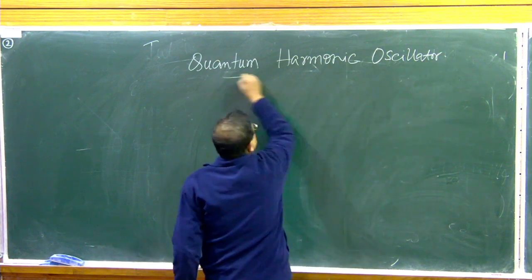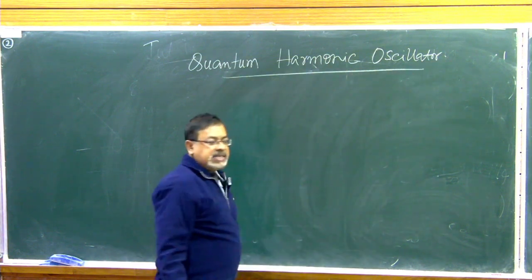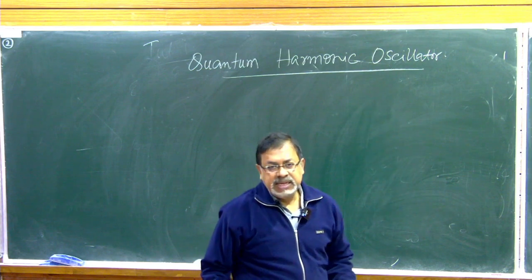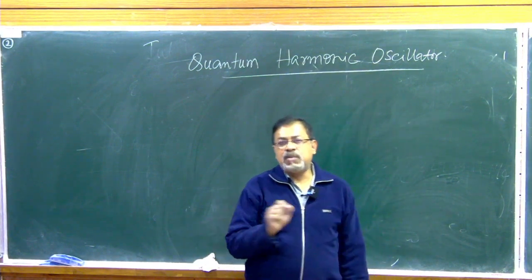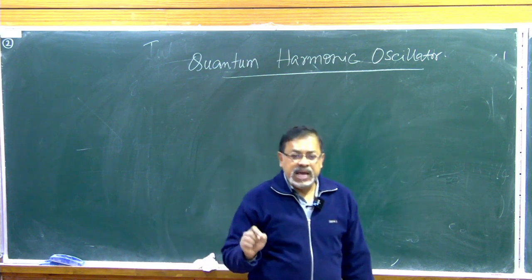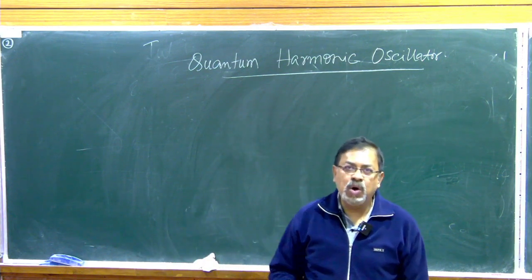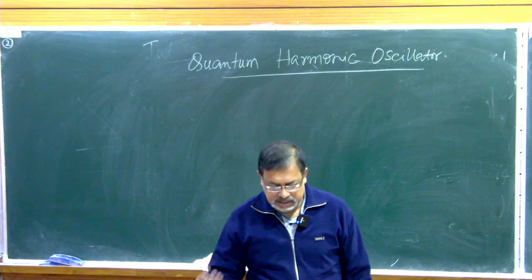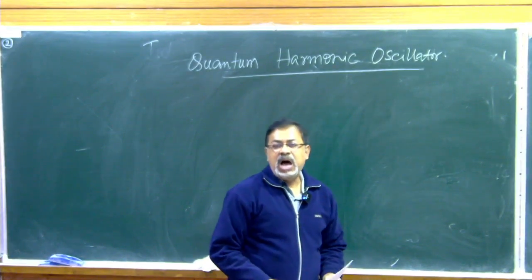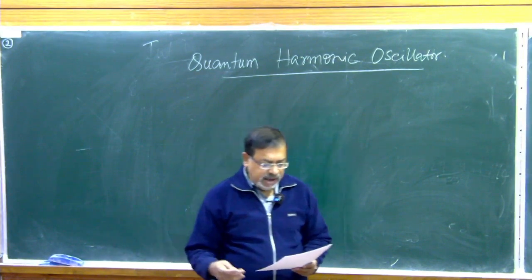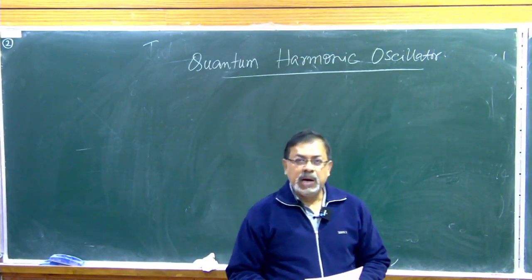What is meant by this is that there is a quantum particle which is executing simple harmonic motion, and it is subjected to a Hooke's law kind of force, and there is a potential which is given by half kx square or half m omega square x square.